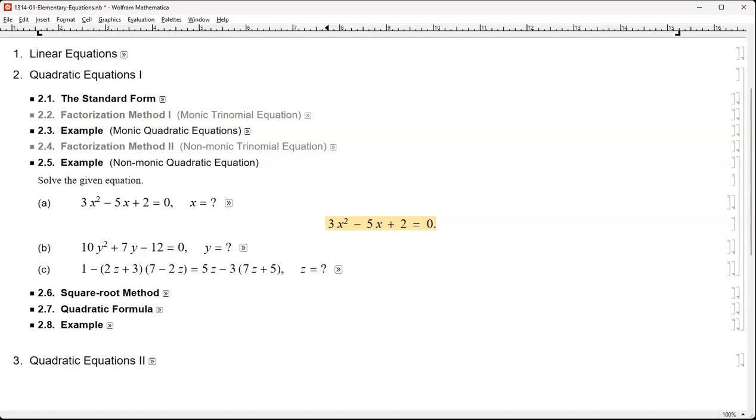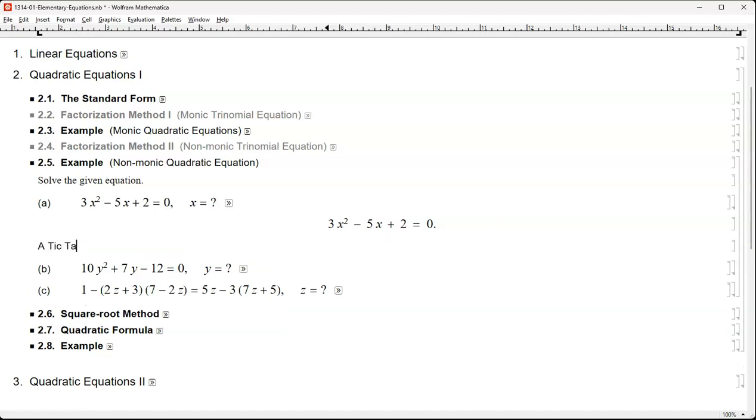I'm going to teach you a certain method here, which I'm going to call the tic-tac-toe method. If you look up the tic-tac-toe method of quadratic equation on YouTube, you can find many videos, maybe 100 videos, but there are different versions of the tic-tac-toe method as well, so it's really diverse.